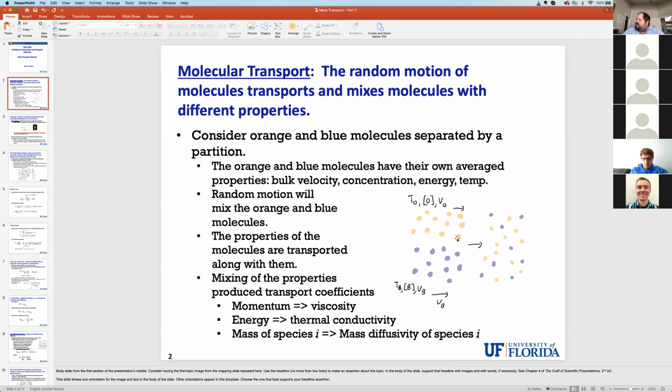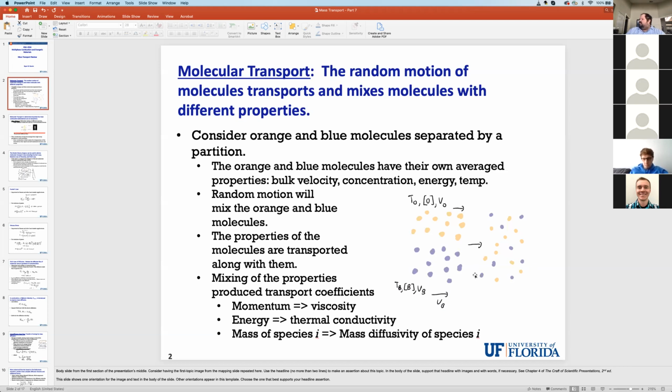Because they are fluctuating randomly, the orange molecules are going to randomly walk, meander and migrate down into the blue molecules, and the blue molecules are going to randomly walk and migrate up into the orange molecules. If you let this go for a very long time, eventually the system will become perfectly uniformly mixed.